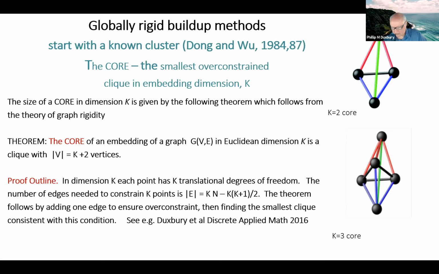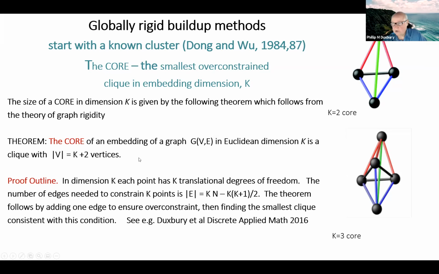And the size of that core is K plus 2. When we're doing precise distances, we would start with a core of this size. Once we start moving to distances with errors or intervals, we have to have bigger cores in order to have enough confidence in our structure and enough constraints on the next atom we add to feel confident that we're building up something that is topologically correct.